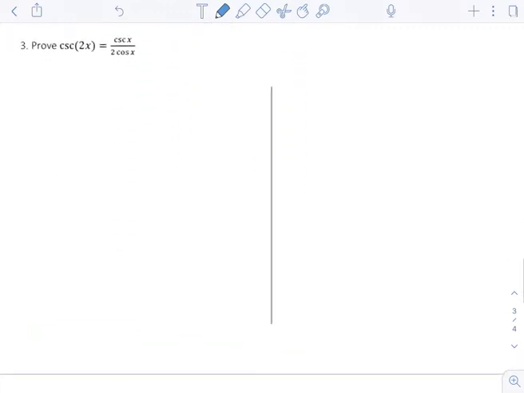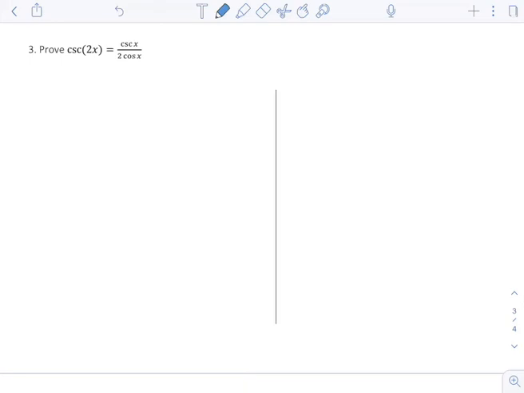So they look like they're getting a little bit more confusing here. But I see cosecant 2x is equal to cosecant x divided by 2 cos x. So I'm going to write cosecant x over here, all over 2 cos x over here. And if I start working with this side here, I know that cosecant is just 1 over sine x.